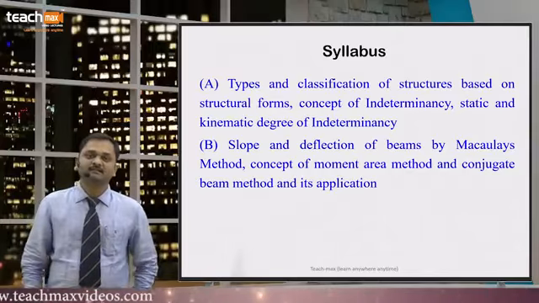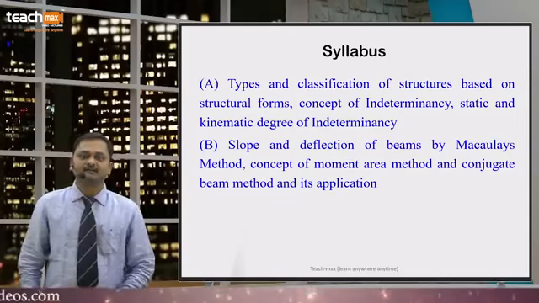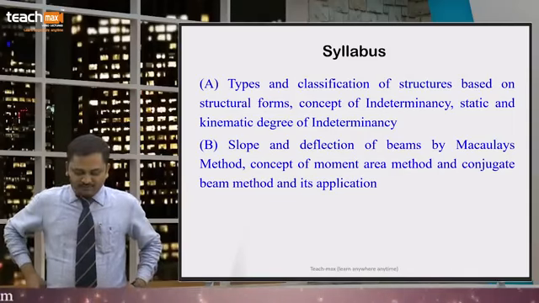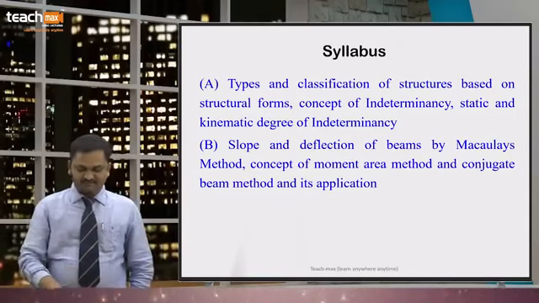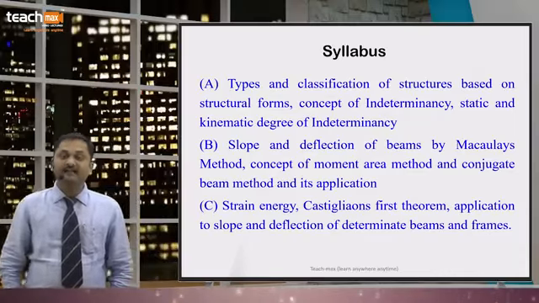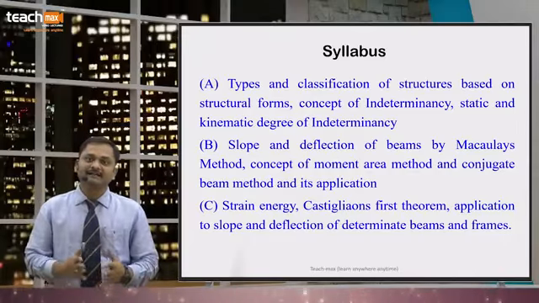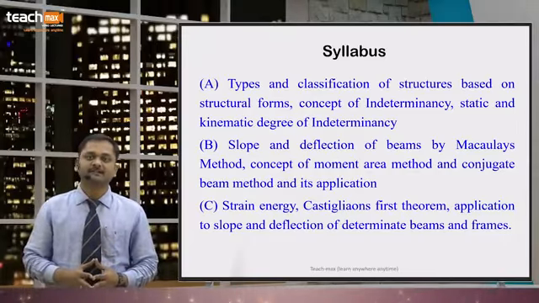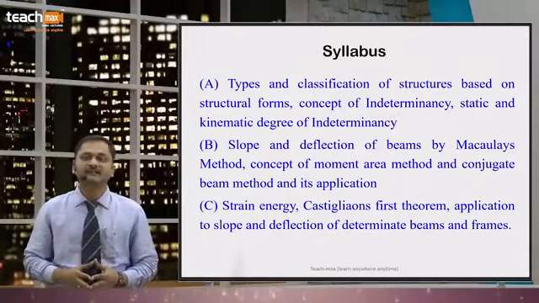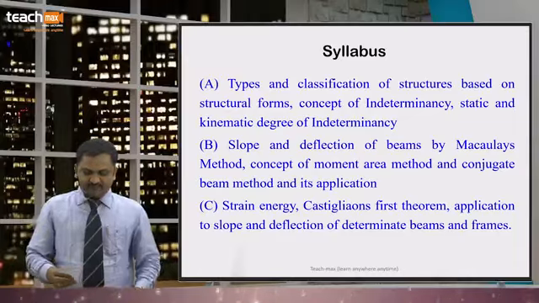By using these 3 methods we are going to find slope and deflection of beams for determinate structures, and of course we are going to see its applications. And in part C of this unit we are going to focus on slope and deflection of determinate beams and frames by using the energy method. All these 4 methods we are going to study.